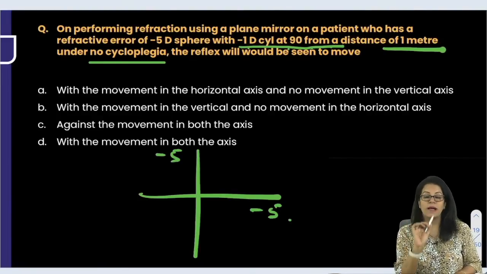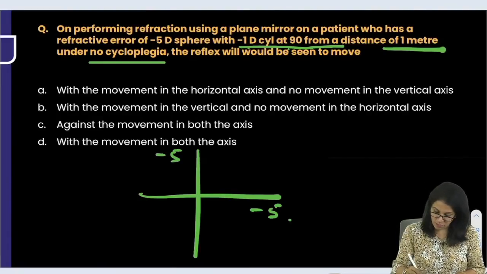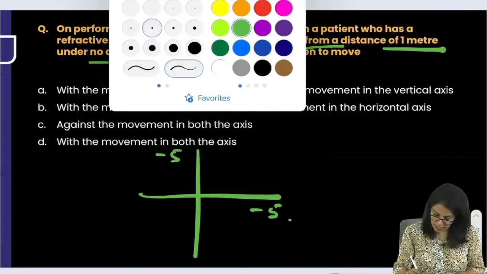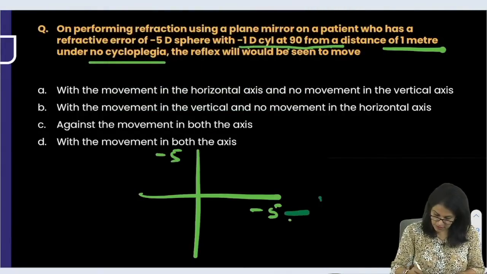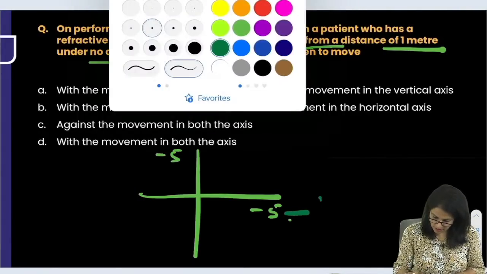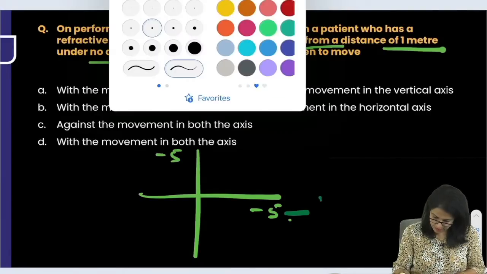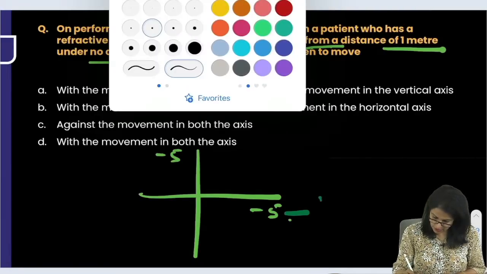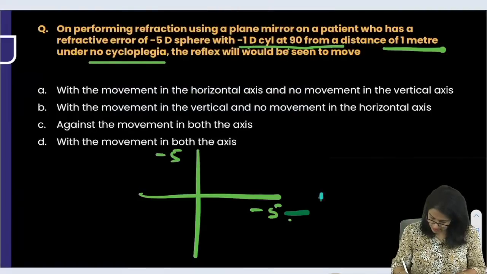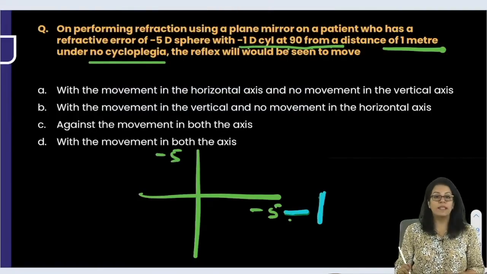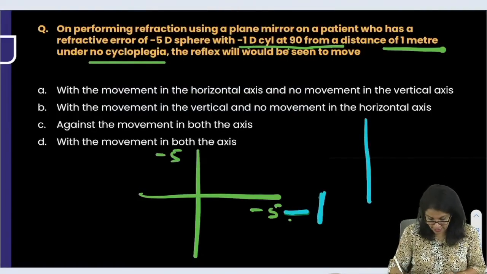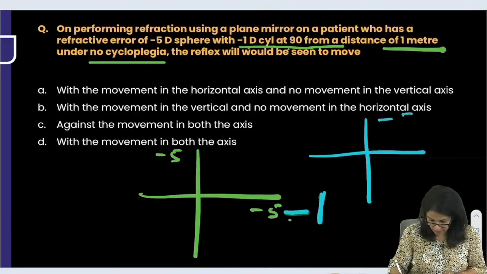If it is written -1 at 90, I will put this -1 at 180. So when I put it at 180, my retinoscopic reading becomes -5, -6.